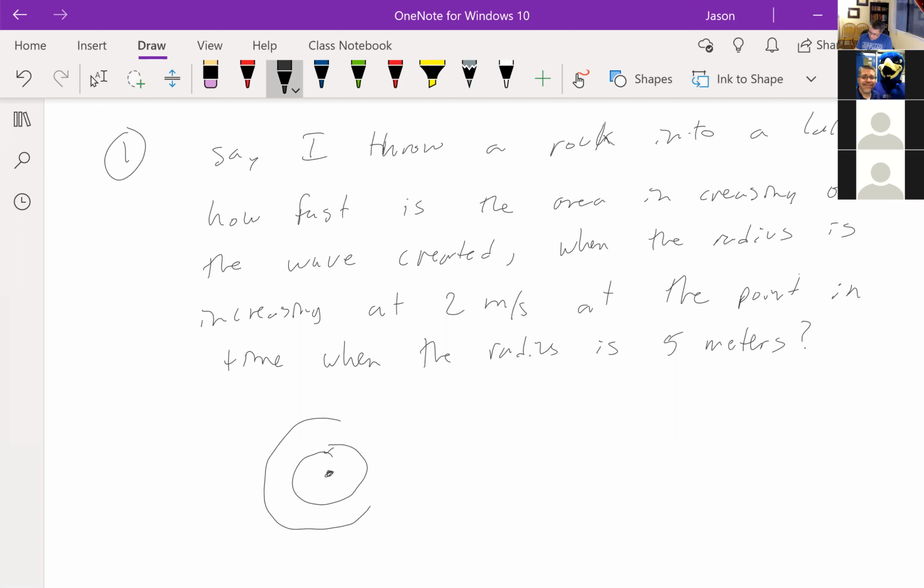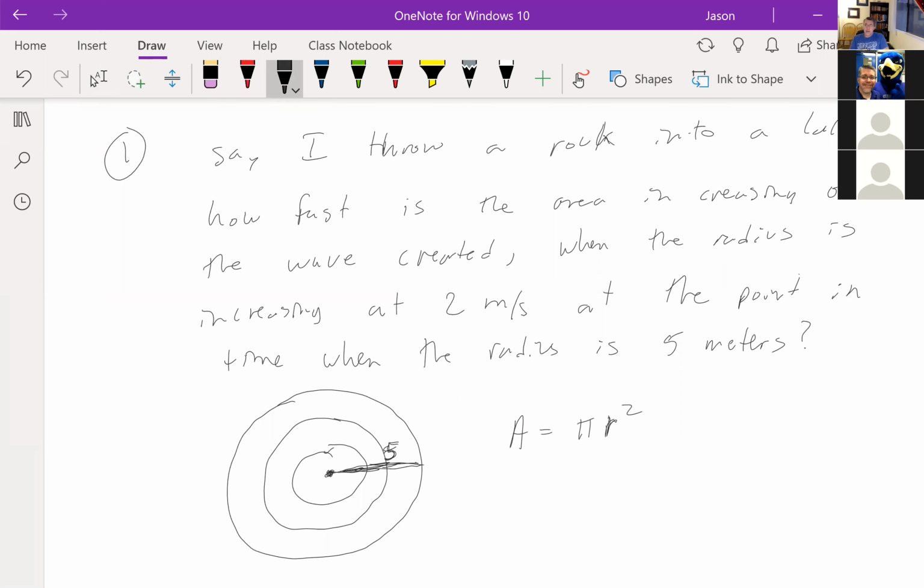And that wave is going to travel outward in concentric circles. And we're saying that when the radius is 5 meters, how fast is the area increasing, right? Well, what's the area of a circle? Well, the area of a circle is pi r squared, right?